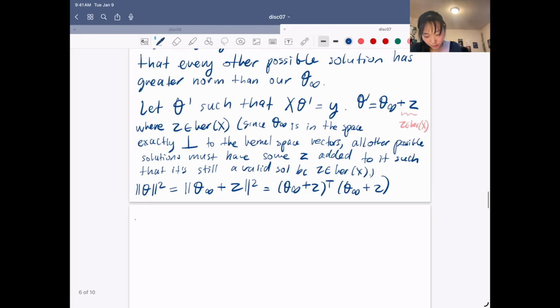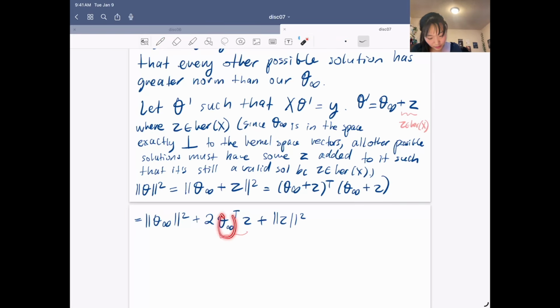And this is equivalent to theta infinity squared plus 2 theta infinity transpose z plus z squared. We just multiplied it out. And note how our theta infinity, remember, it's in the perpendicular kernel space. That's how it was defined.